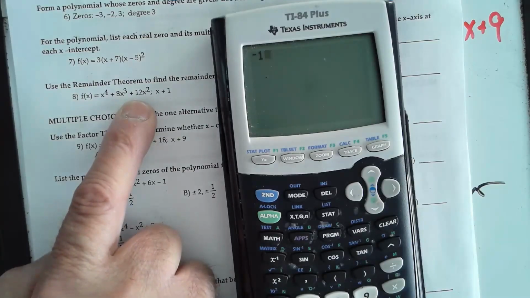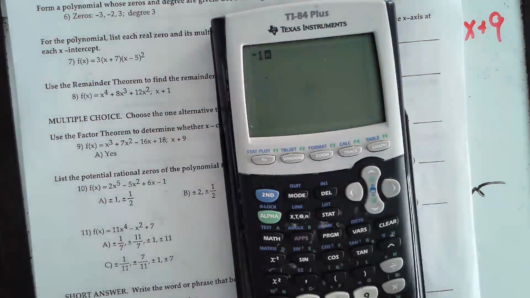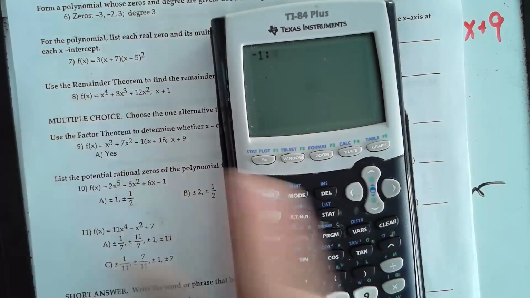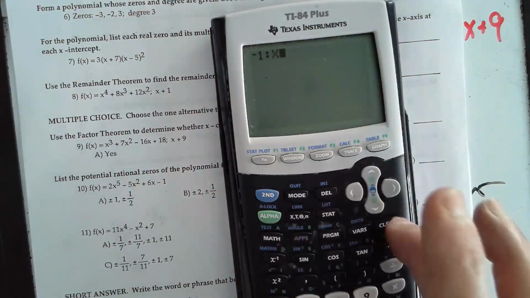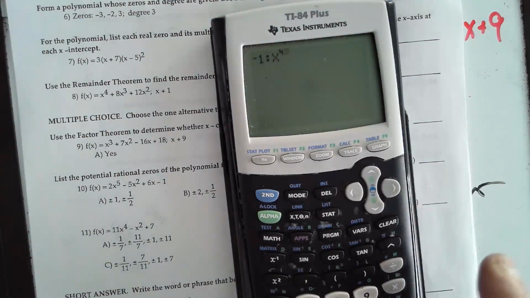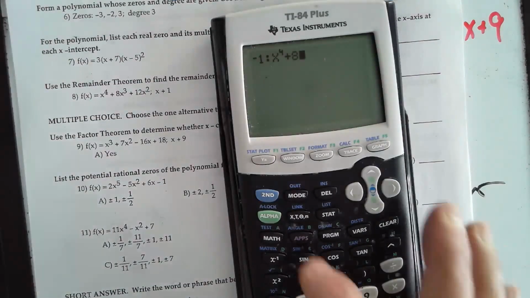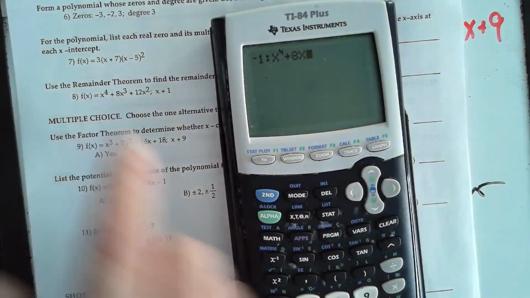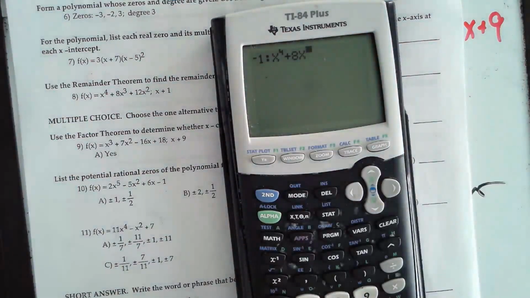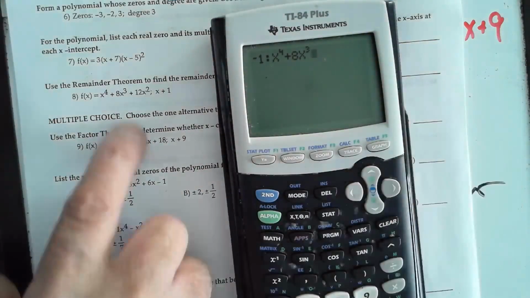Okay? So we put -9 and our colon button. X to the fourth, make sure you hit that right arrow. Plus 8x cubed. And it's a good idea to check as you're going along.